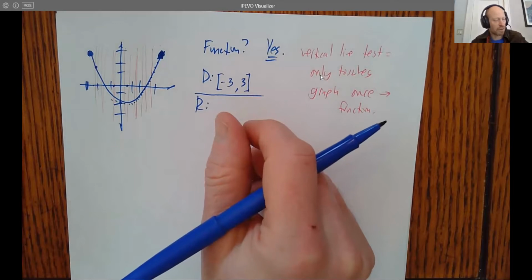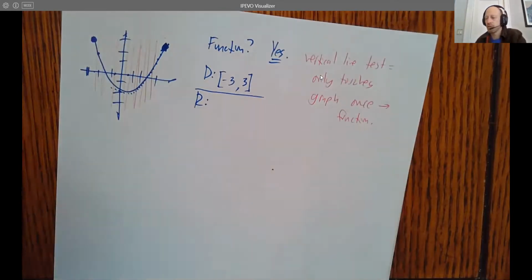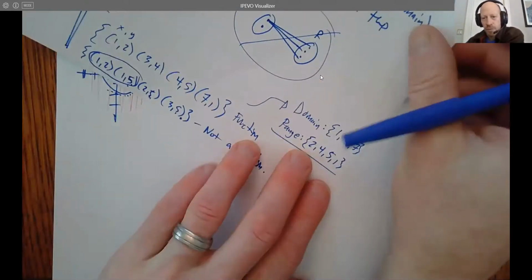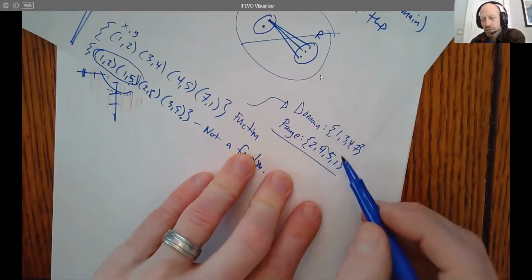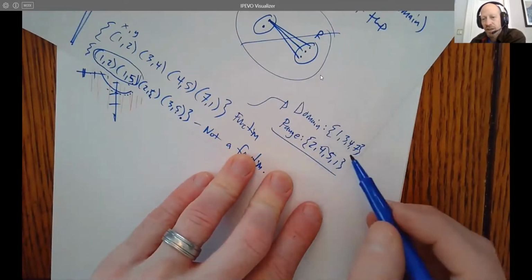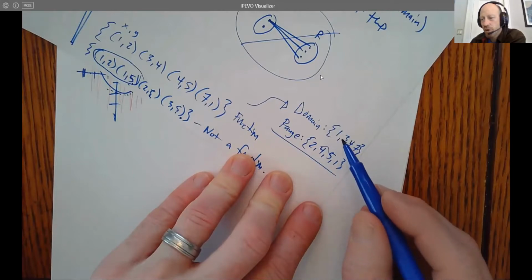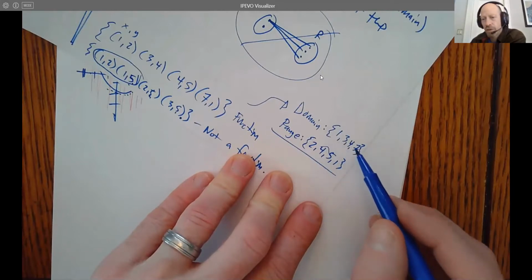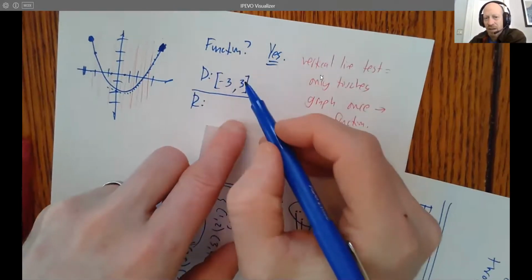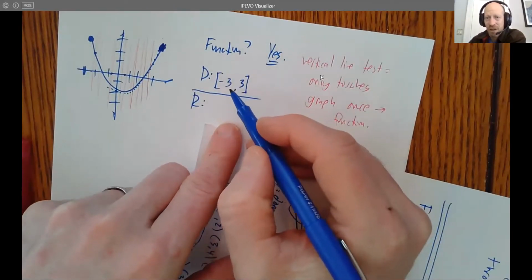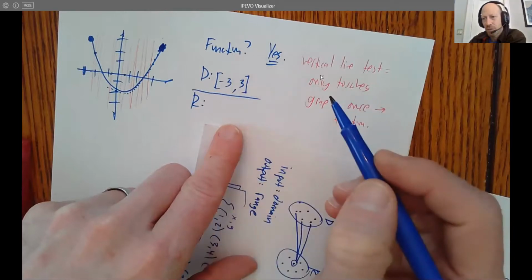That's very different than what I wrote here, right? I just scribbled on. This is just 4 numbers, 1, 3, 4, and 7. This is infinitely many numbers. Big difference, right? This is everything between -3 and 3.